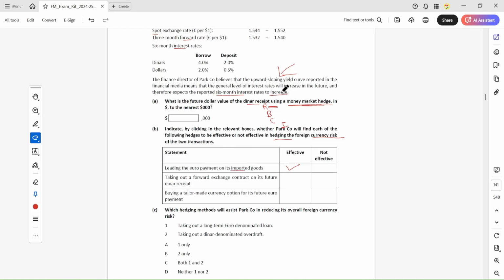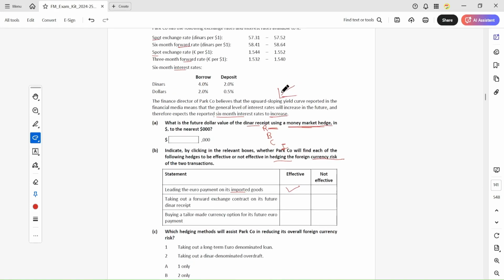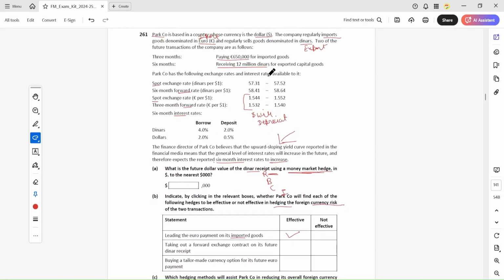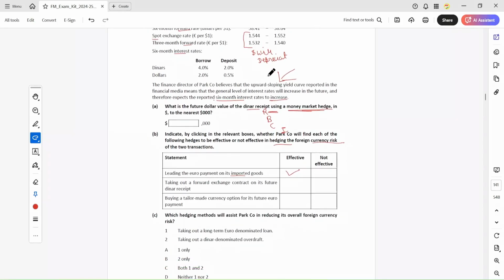Yes, because in the future the dollar will depreciate. Our home currency is the dollar, so we are the importer.